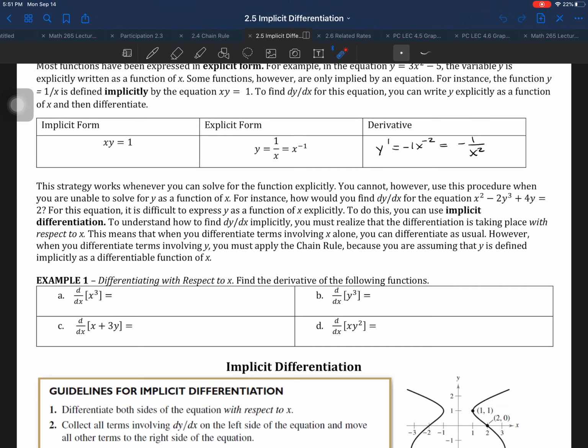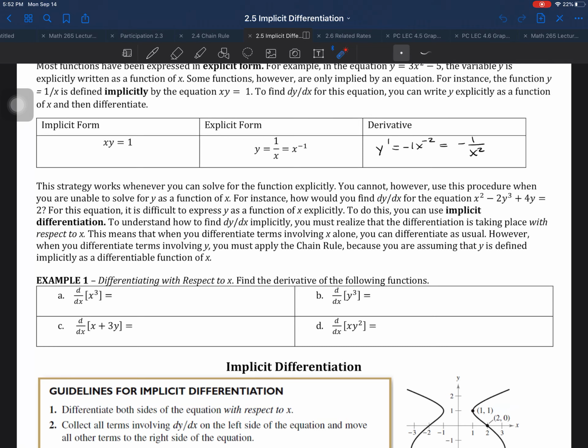Implicit differentiation is very good whenever it's almost impossible to solve for y, or it requires a very hard algebra technique to get there. What implicit differentiation allows us to do is find y prime without actually needing to solve for y, as you will see in a second.